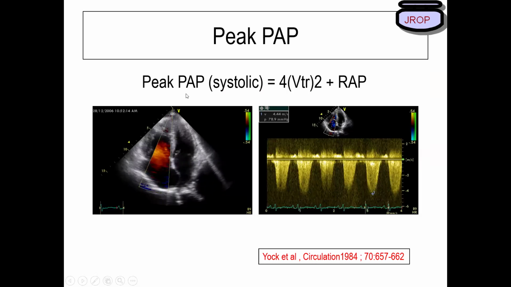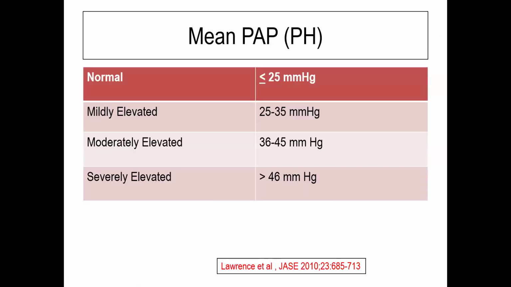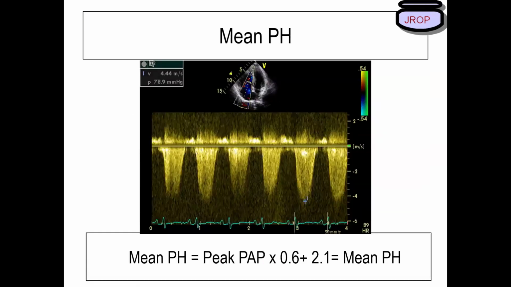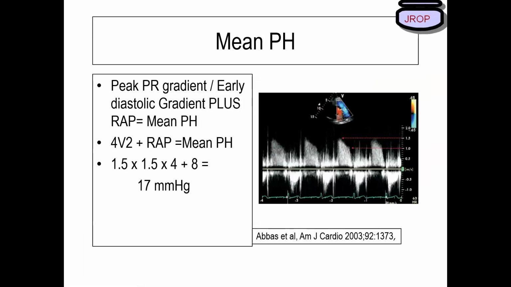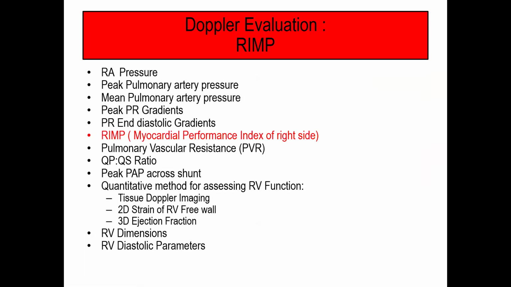The condition is that the peak and mean pulmonary artery pressure we determine assume that my RV is contracting well. Is that clear? That was the most important fundamental of calculating the mean pulmonary artery pressure.